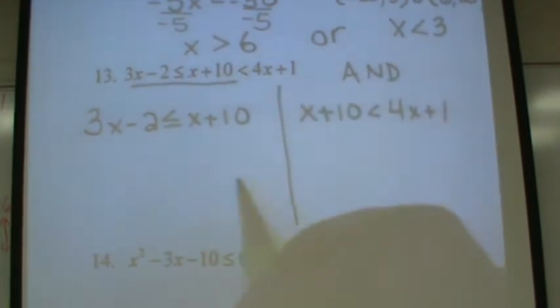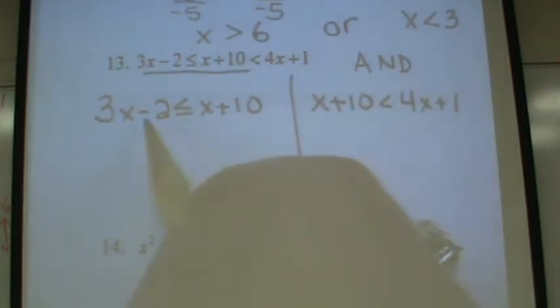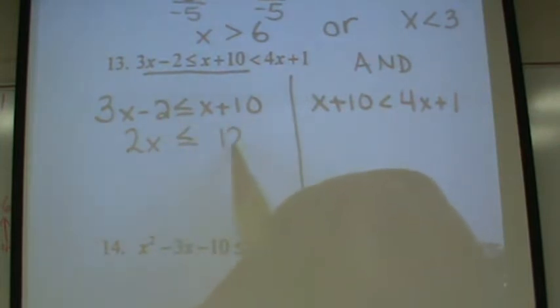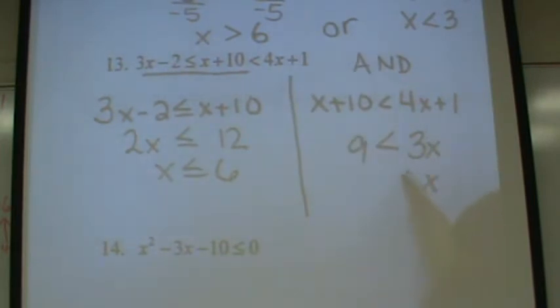So you're looking at where they overlap. On this side, you're going to subtract x, so you get 2x, and add 2. So x is less than or equal to 6. And this side, subtract x. X is greater than 3.